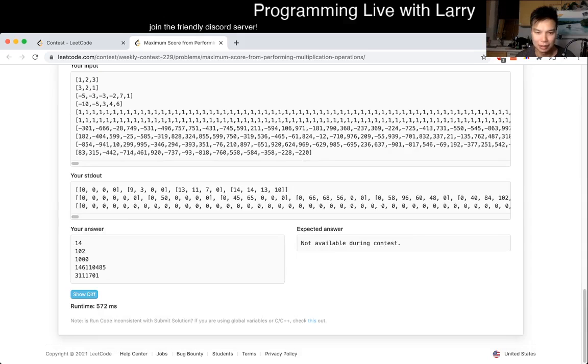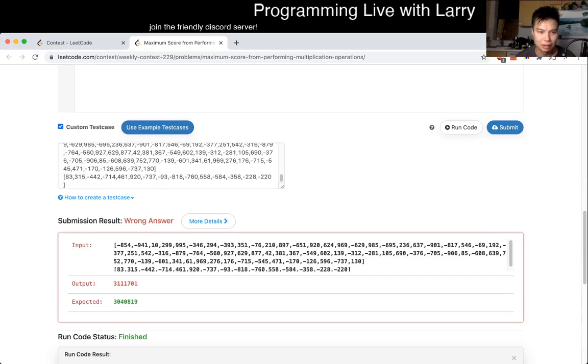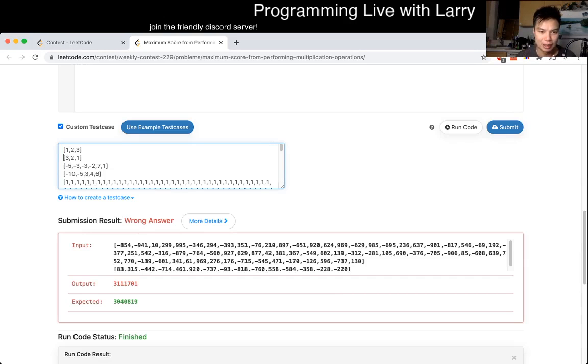I mean, it just stops printing. I think there's more, but what is the answer? Expected is 304,000. Where am I getting this?